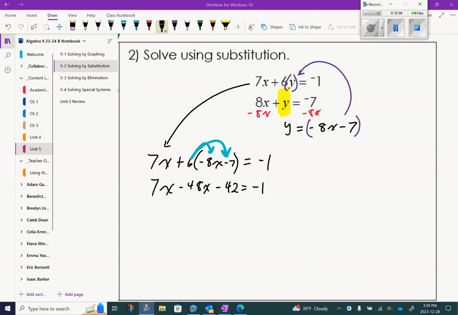Again, everything else stays. Then we need to combine like terms. Well, here I've got both of the variables on the same side, so I don't have to change. All I have to do here is take 7 minus 48. That should give me negative 41x.